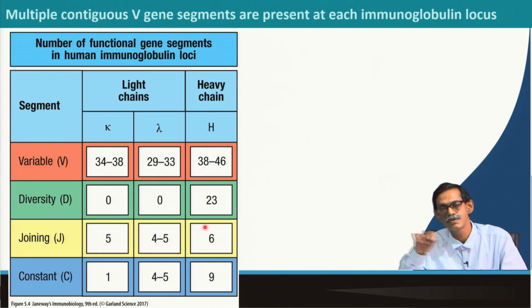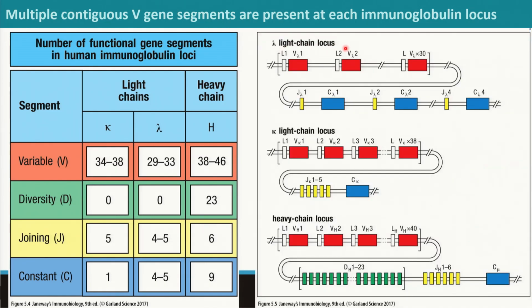If you see at the chromosome level, or if you make a cartoon or map of the genetics, it is like this. In light chain, this is a lambda light chain locus in chromosome. In the lambda light chain locus, there are, how many did I say?